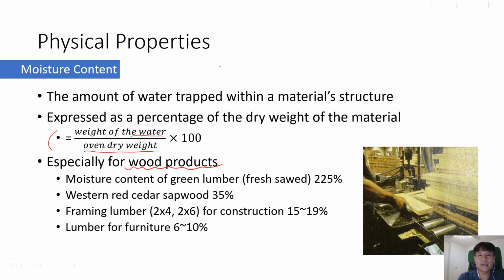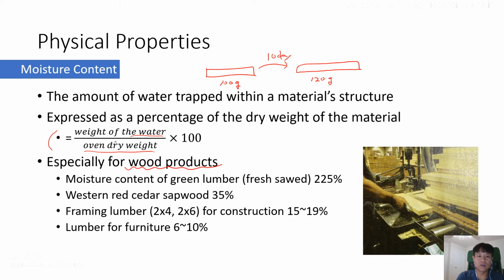So let's say we have a wood whose oven dry weight was 100 grams, but after 10 days, the wood absorbed some water and became 120, because wood sometimes sucks in water.